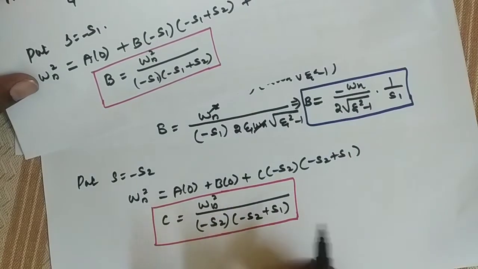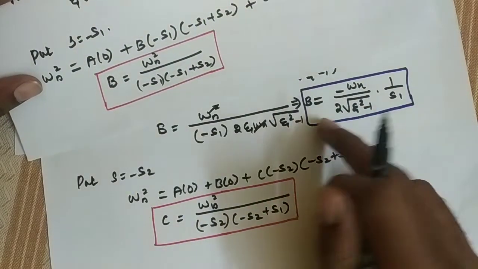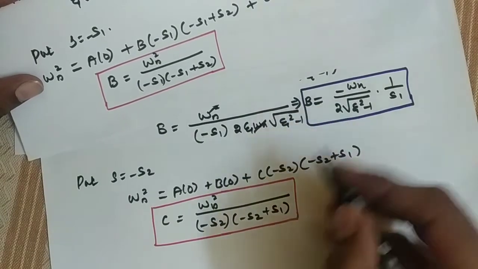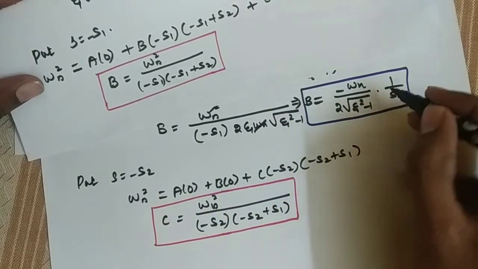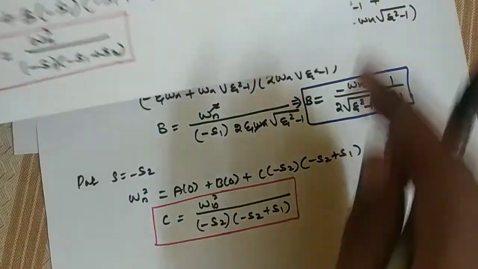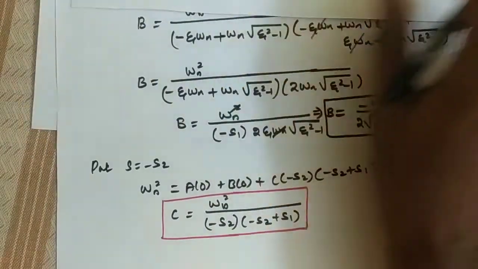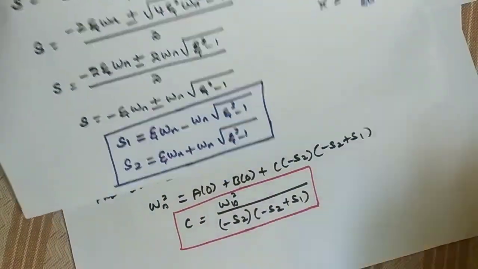So if you substitute the values of S1 and S2, you will get an equation similar to the B equation, which means you will get minus omega n divided by 2 root of eta square minus 1 into 1 by S2. Let me substitute the values of S1 and S2 in this equation.